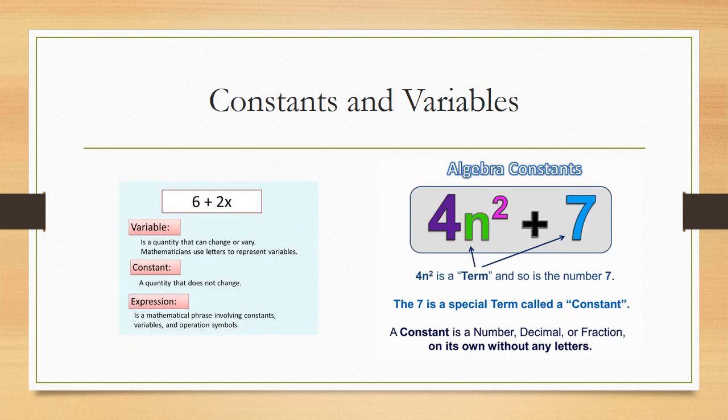Constants and variables. A variable is a quantity that can change or vary. Mathematicians use letters to represent variables. A constant is a quantity that does not change.